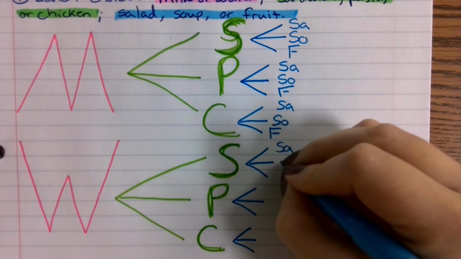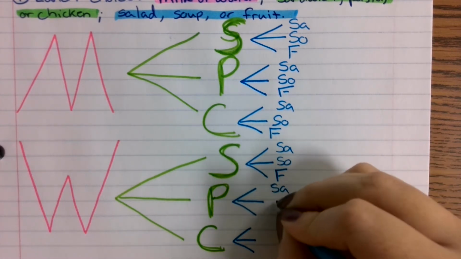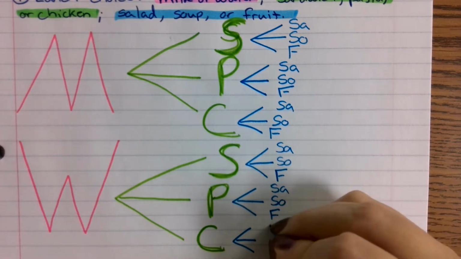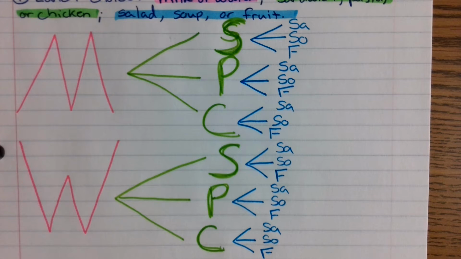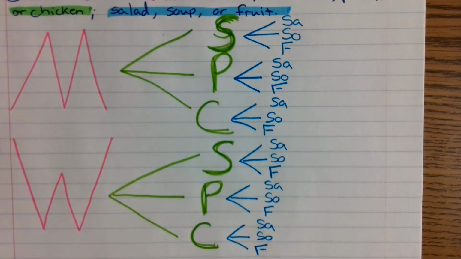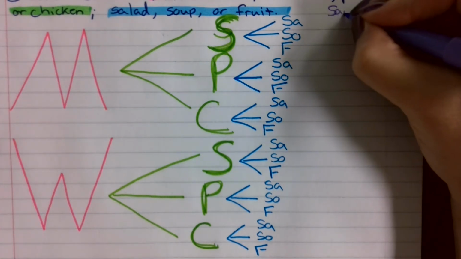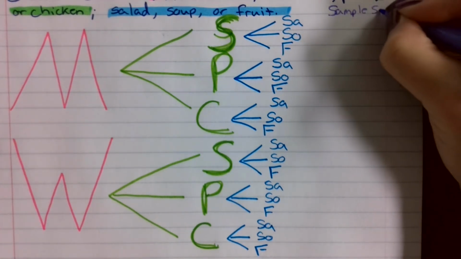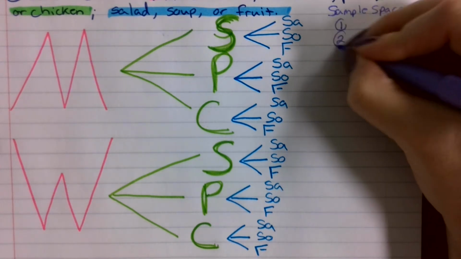Those are my small little twigs that are coming out of the branches. Okay, and it's a lot, but it allows me to see what my sample space would be. So my sample space dictates what every single possible outcome is.